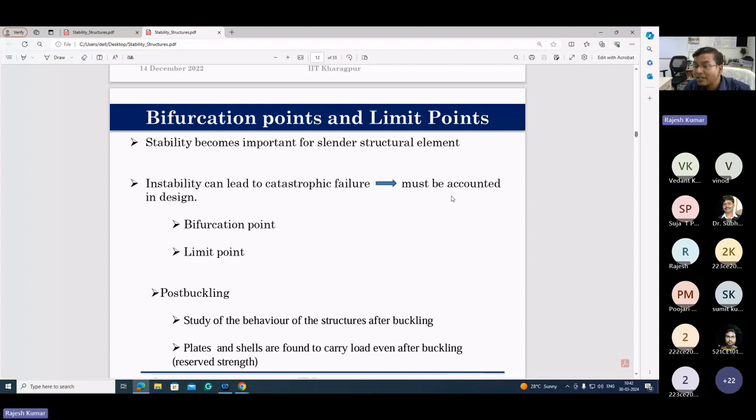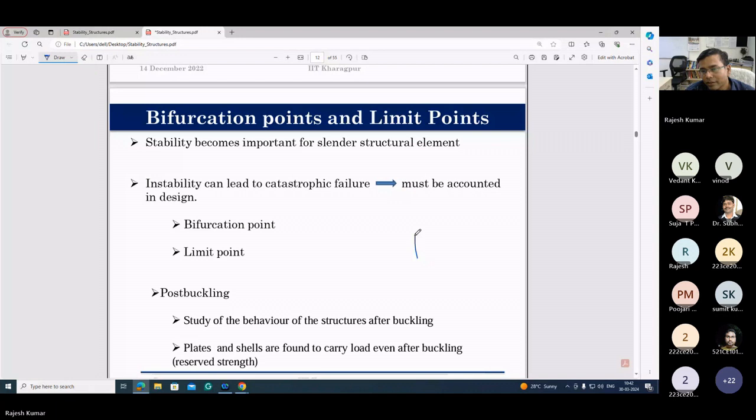If you consider a plate, this is your a, and this is your thickness h. So the a by h ratio is large. Let us say a by h is equal to 100, or more than that. It means that these members become slender.